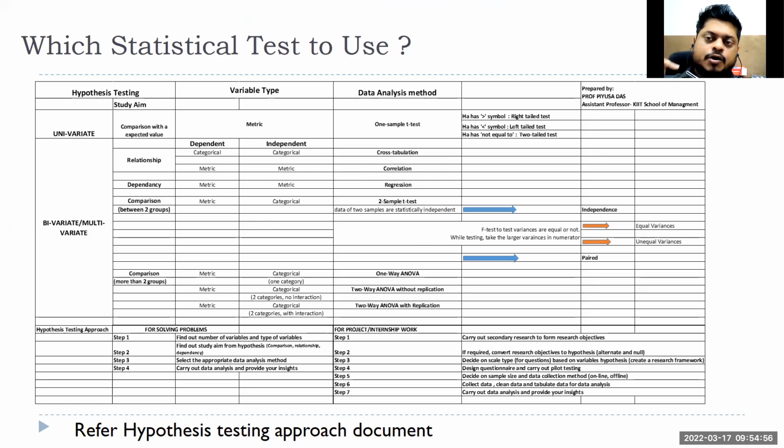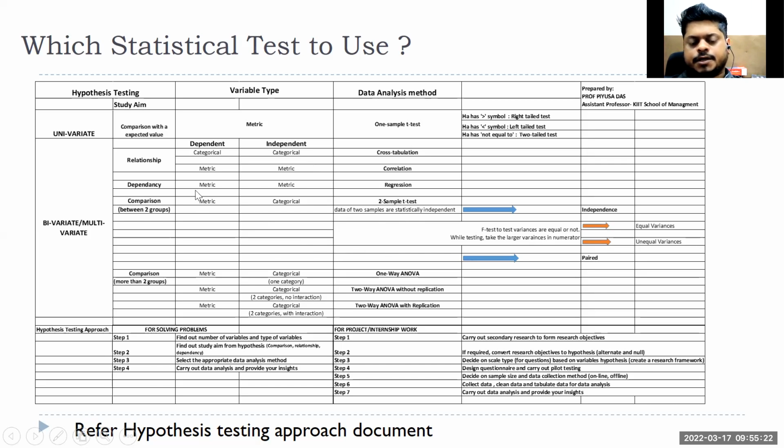Unless I'm clear how I am collecting data, I will not be able to carry out a proper data analysis. Most of the time, students collect data, then realize they will not be able to carry out this kind of hypothesis testing or this kind of test, right? And most often the difficulty happens in regression, right?